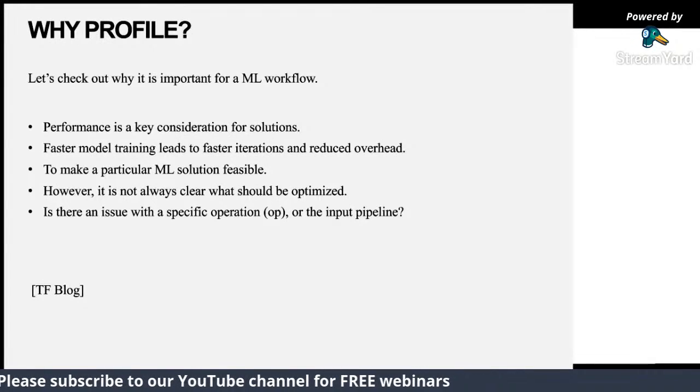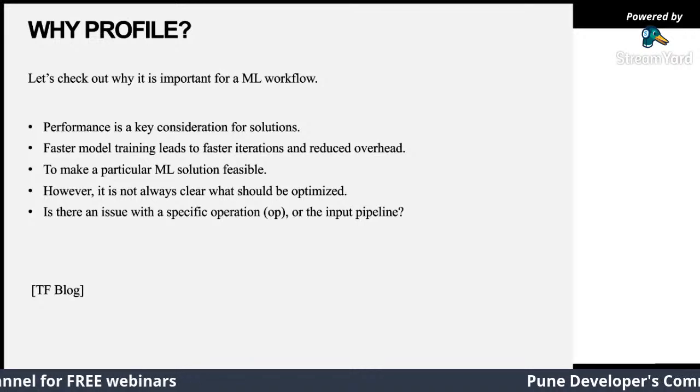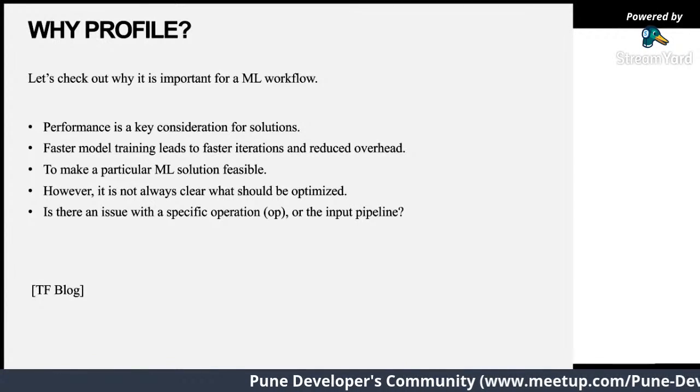While this is happening, either the host or the device shouldn't be idle for too long. Otherwise, it will take a lot of time to train, even for a smaller data set.